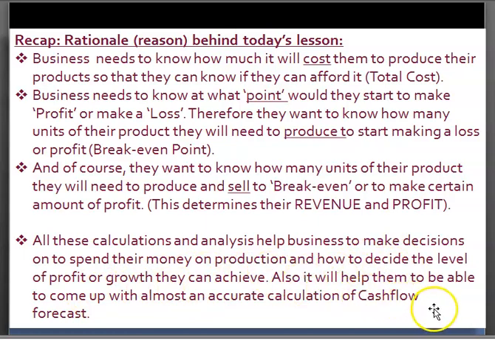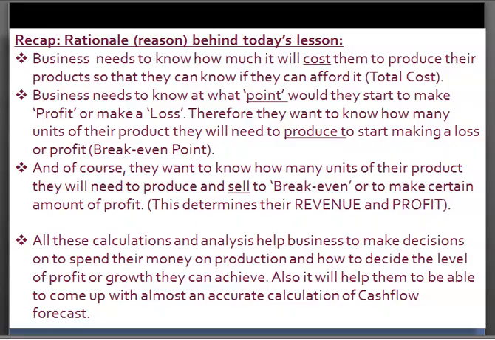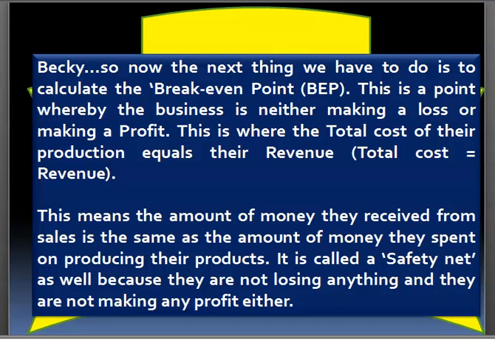Also, it will help them come up with an almost accurate cash flow forecast. Okay, now that we understand that, we're going to go to another slide. So Becky, the next thing we have to do is to calculate the break-even point. This is a point whereby the business is neither making a loss nor making a profit.